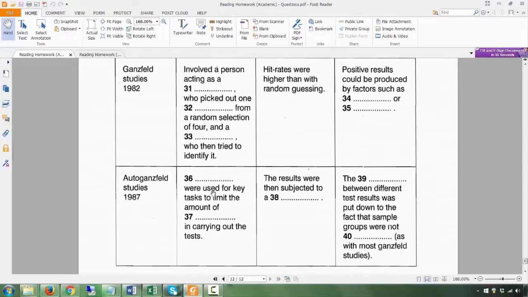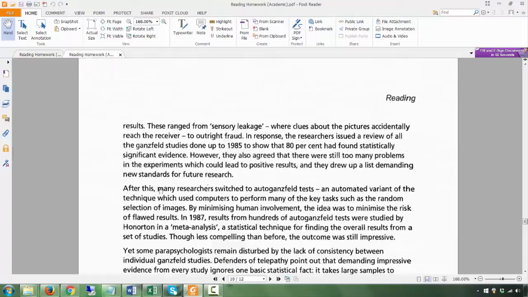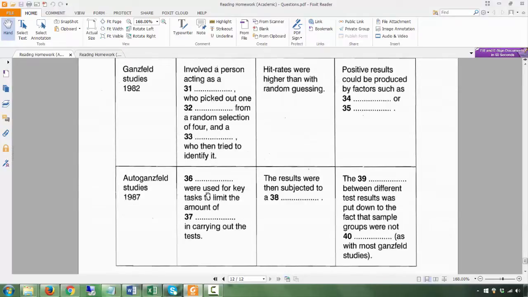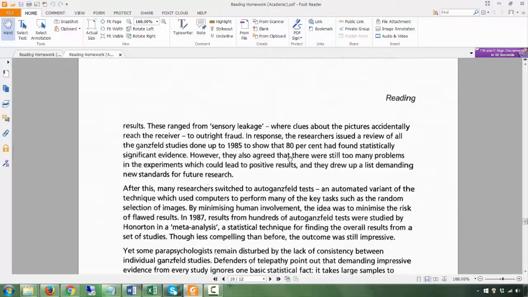Now, Otto Ganzfeld studies, what were used for key tasks to limit the amount of what? So we go to here, Otto Ganzfeld studies. Question 36, what were used for key tasks to limit the amount of what in carrying out the test? Okay, use computers.